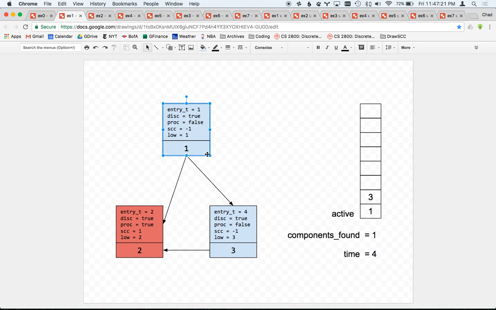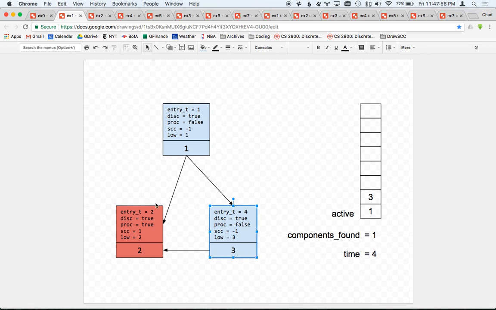So there's no way we could possibly know for sure the complete extent of the strongly connected component in which vertex 1 lies, which means it can't be in this strongly connected component with vertex 2. So any ancestor of vertex 3 cannot be in any strongly connected component whose full extent has been explored just yet, because we're still exploring vertex 3, right?